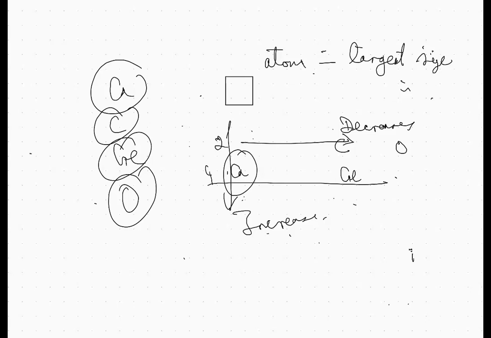So whenever they ask which one has the largest size, you can arrange it that way and find out. Whatever the element, just look at the periodic table. If it is lower and towards the left-hand side, that will be the largest.